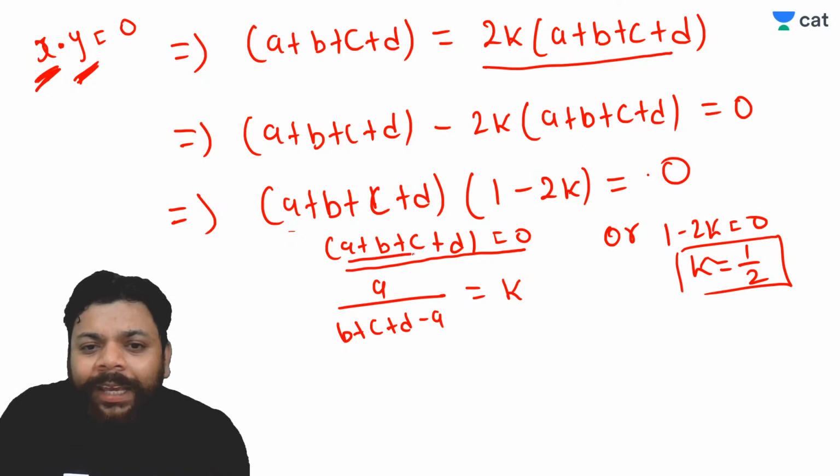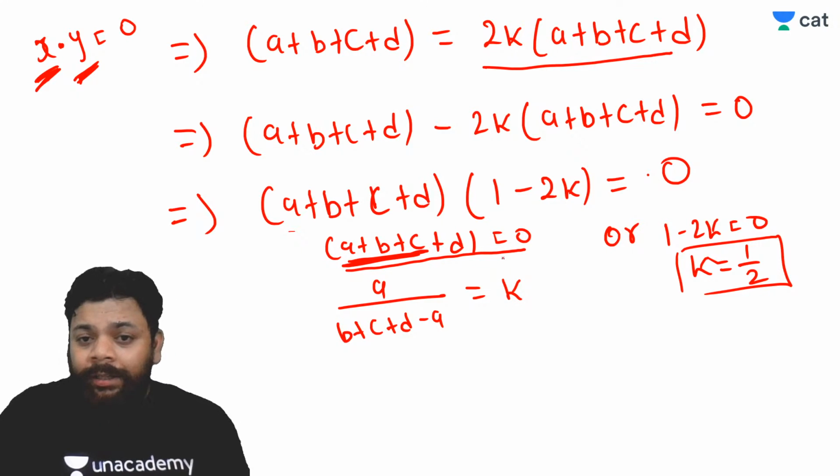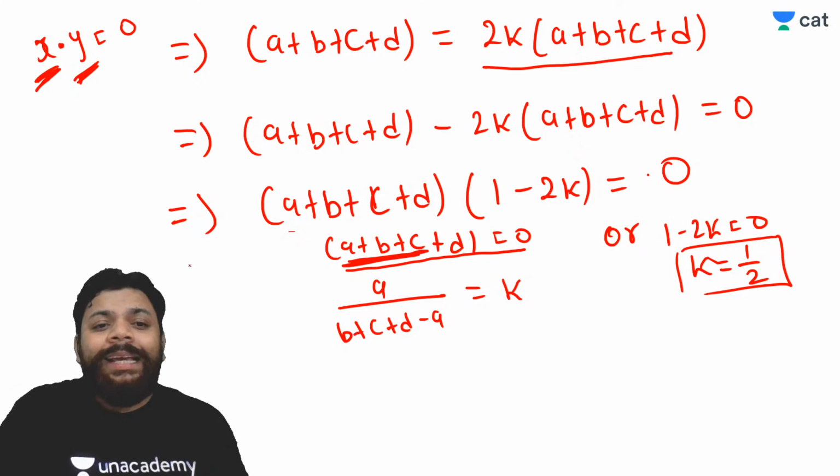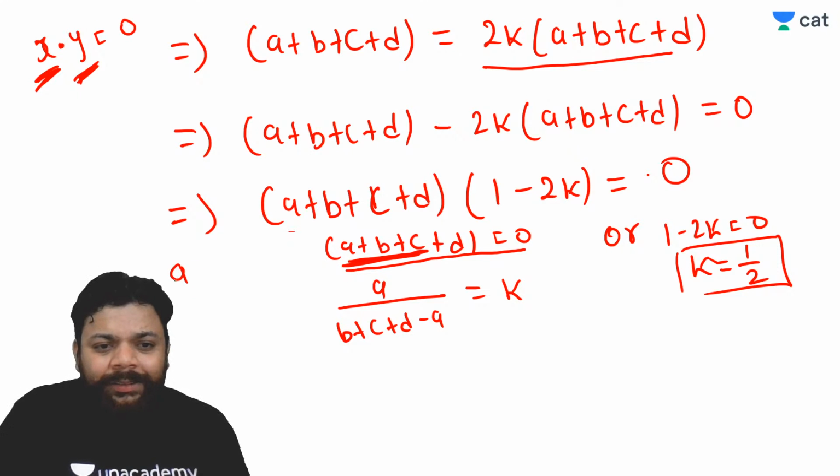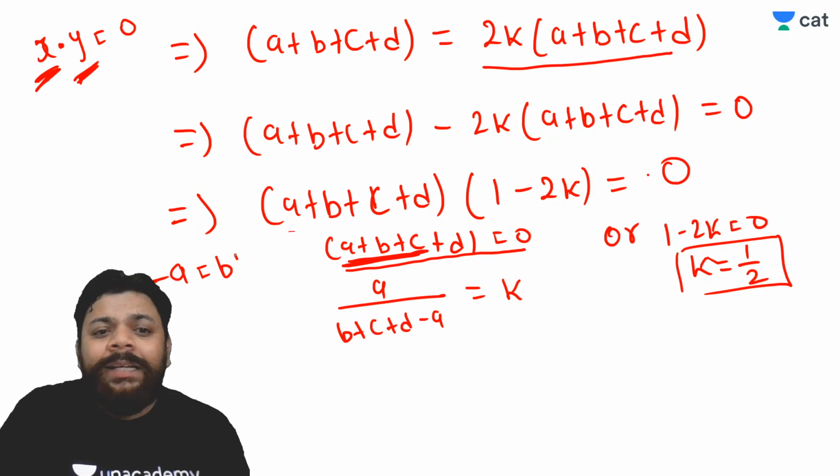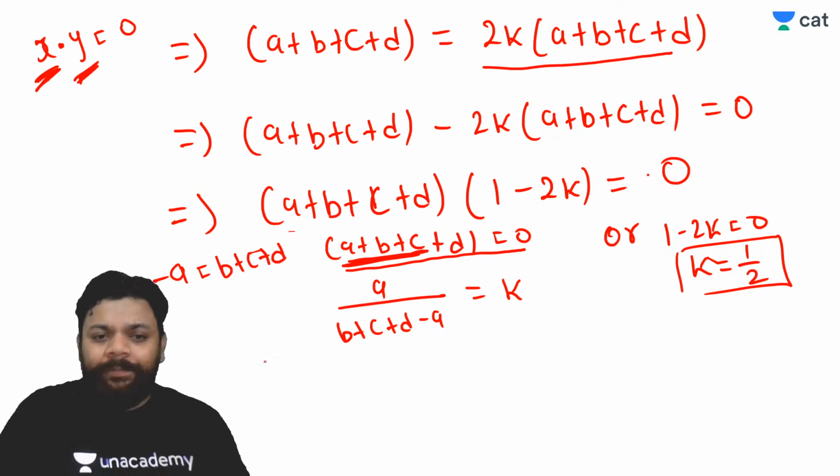Just try to think, if a plus b plus c plus d is equal to 0, can I say that minus a can be written as b plus c plus d?